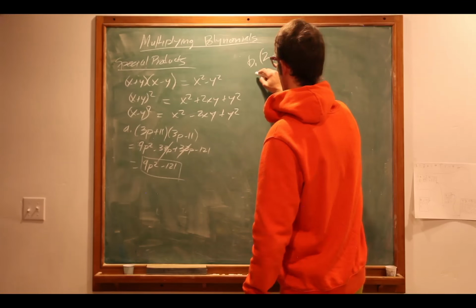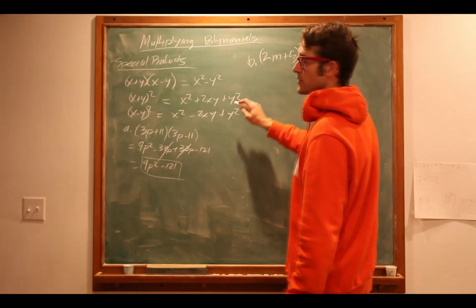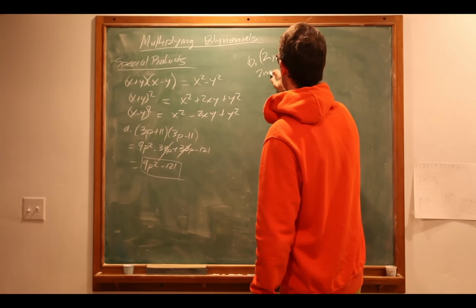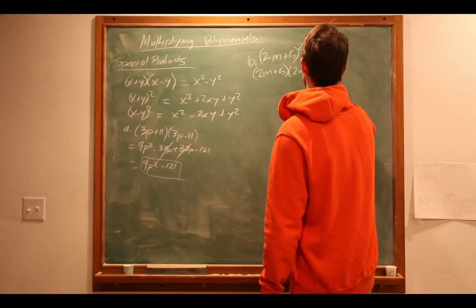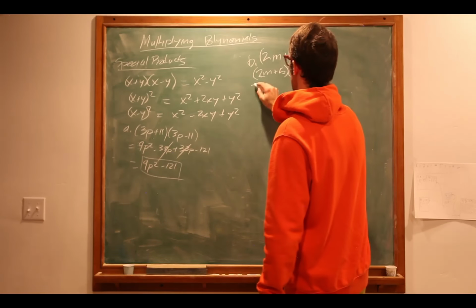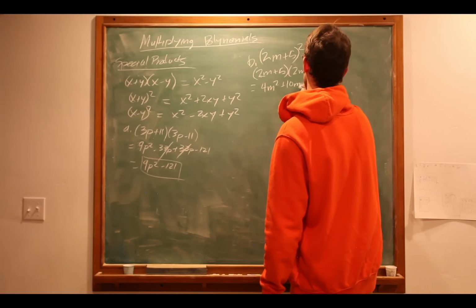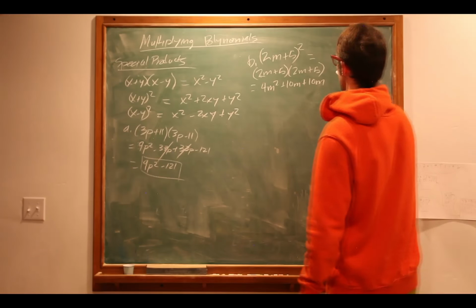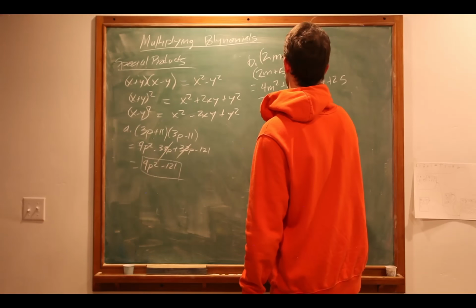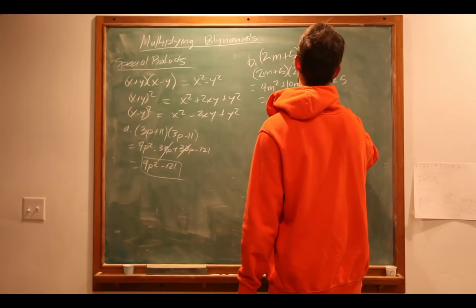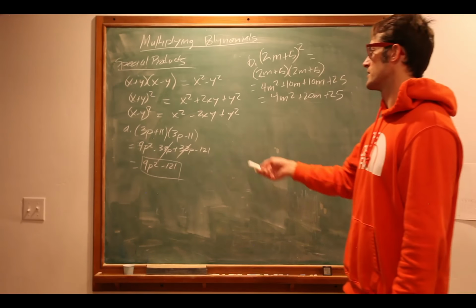Let's work it out again, so we can convince you that the answer will have that form. 2m plus 5 times 2m plus 5 equals 4m squared plus 10m plus 10m plus 25. There you go. So that is this one.